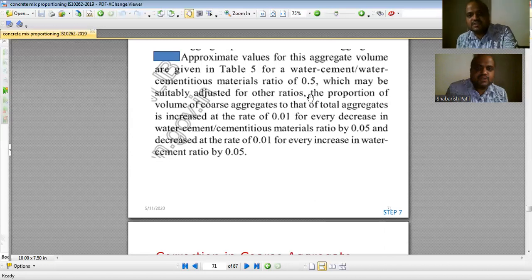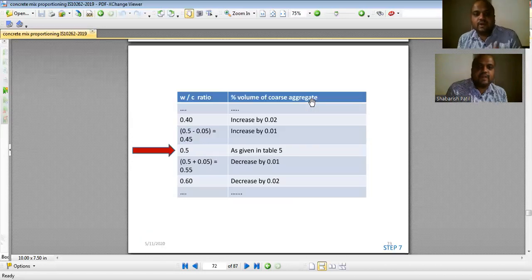I'll just show the same statement in the form of a tabular column. The Table 5 of IS 10262 is standardized for a water cement ratio of 0.5. If my water cement ratio is 0.5, I can use the value directly given in the code in Table 5.